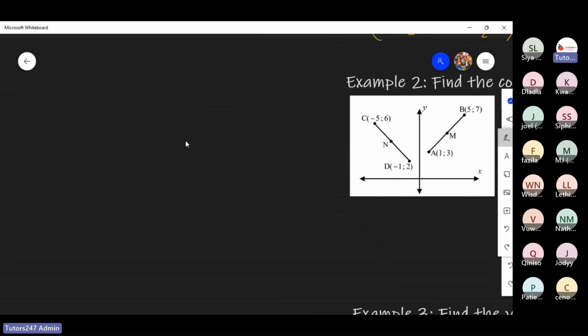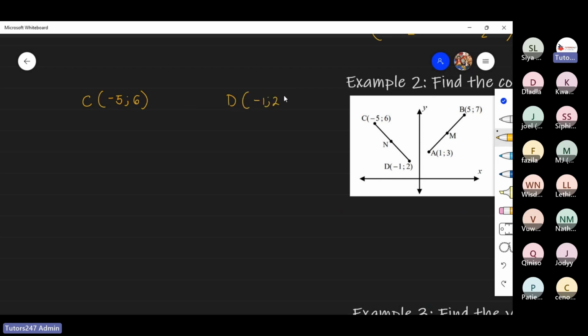So we'll start by writing out our coordinates. The coordinates of C are -5 and 6. The coordinates of D are -1 and 2. From here we have x1, y1, x2, y2.